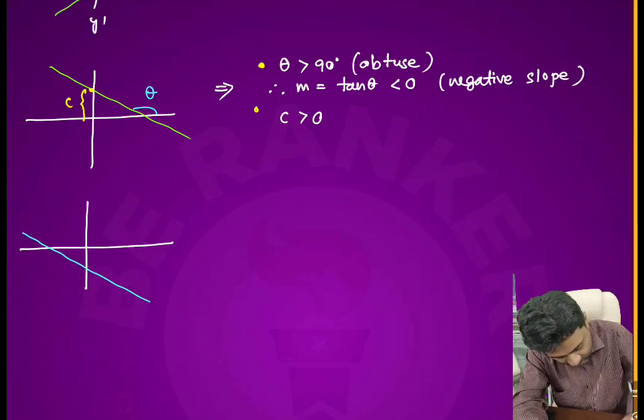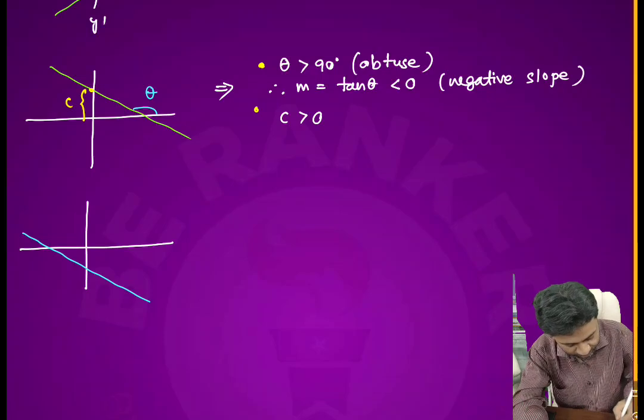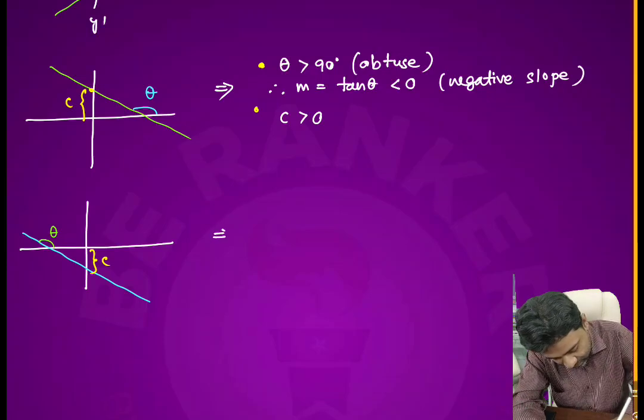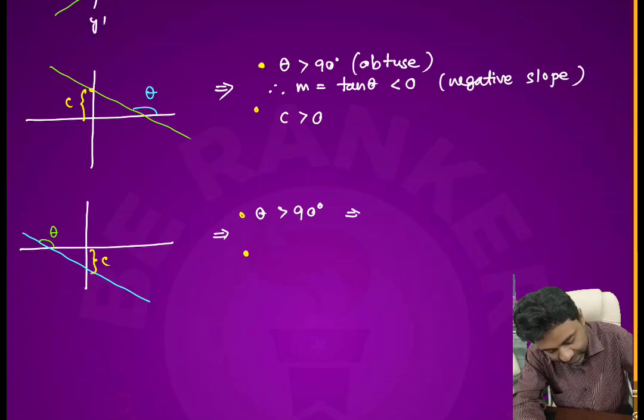Now the last type of shape, the fourth type of shape. If this is the graph, then again you can see that is theta, and this is the y-intercept c. So here theta is greater than 90 degree again.